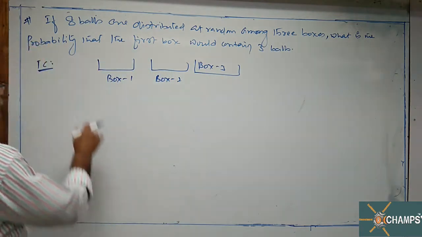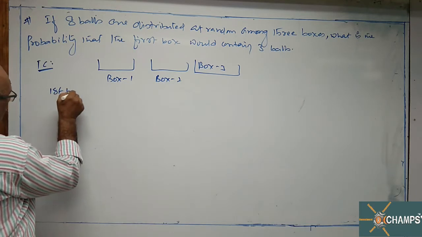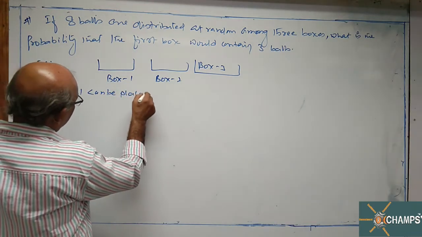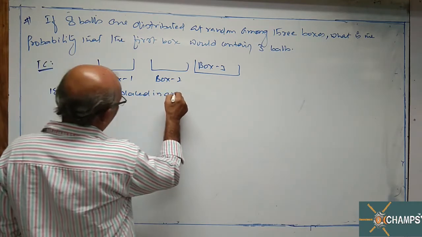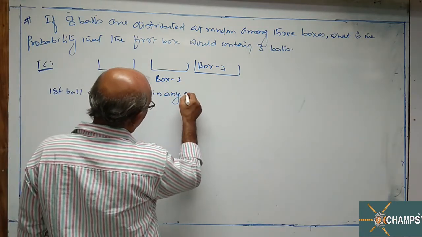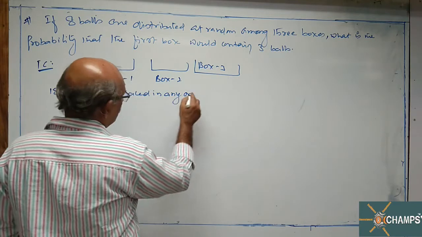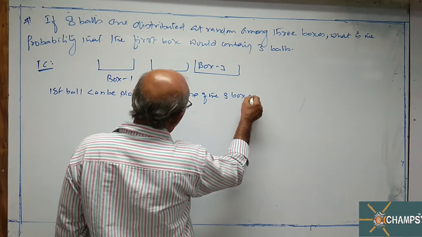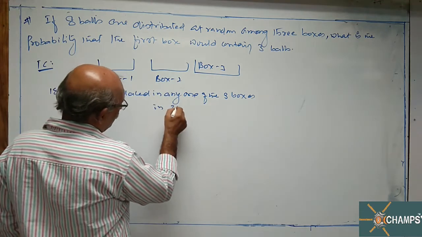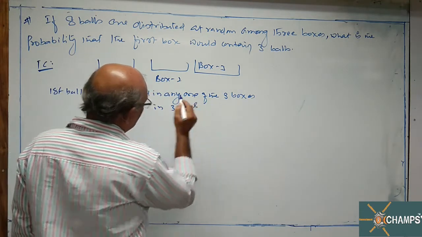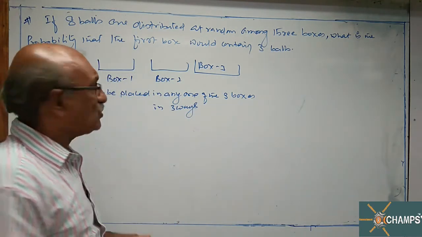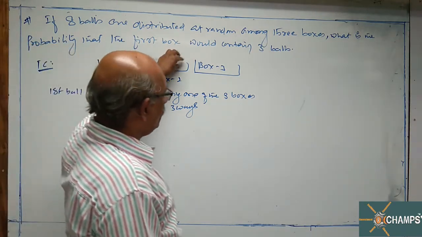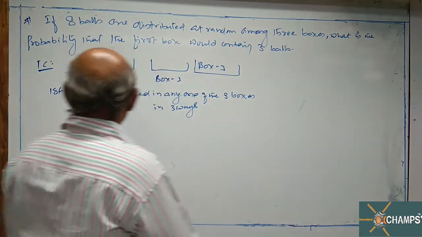First ball can be placed in any one of the 3 boxes in 3 ways. What does it mean actually, sir? First ball you can put in box number 1 or in box number 2 or in box number 3.